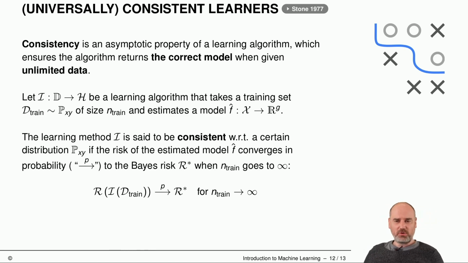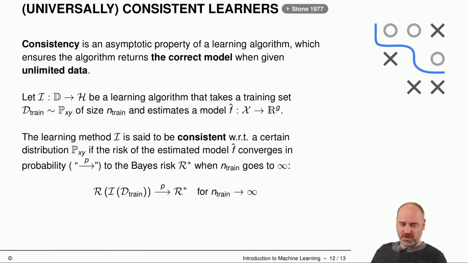A learning algorithm for us is some mapping from a data set of size n to an element of our hypothesis space. So training data goes in, some learned model comes out, and this estimates a model f hat, right? It picks a model, usually through empirical risk minimization, from our hypothesis space.